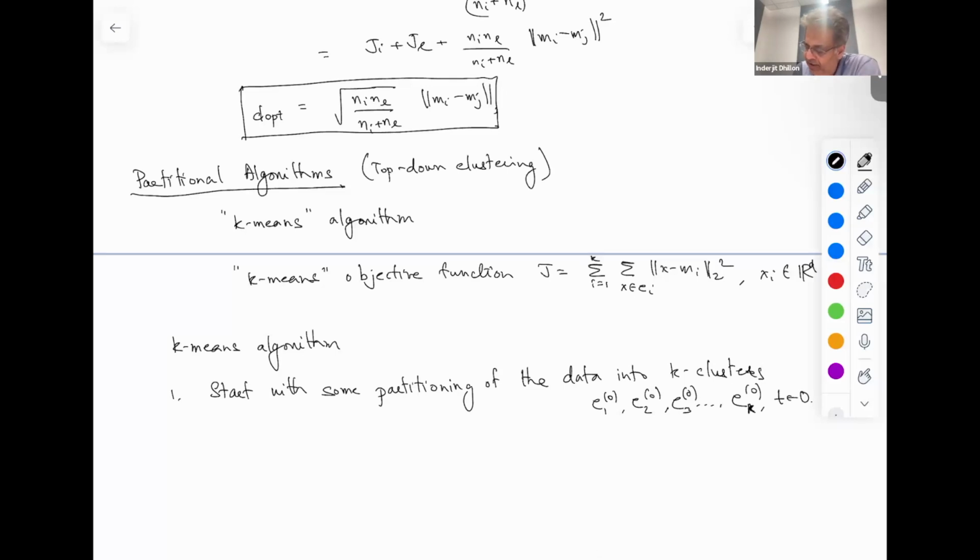Okay, given these clusters, you already have K clusters. What it does is it calculates the mean, the centroid, of each cluster.